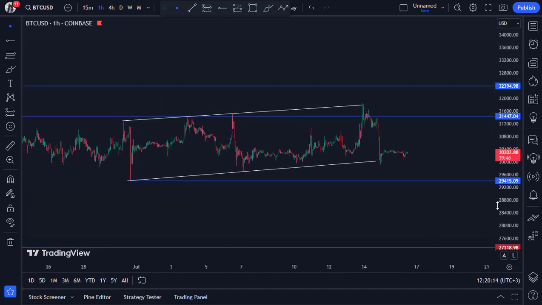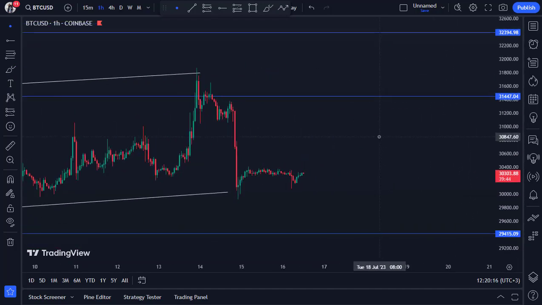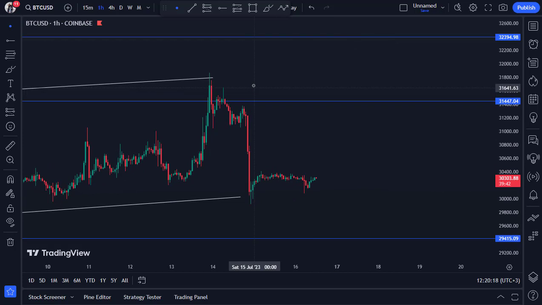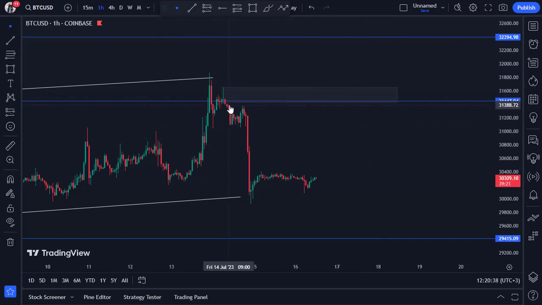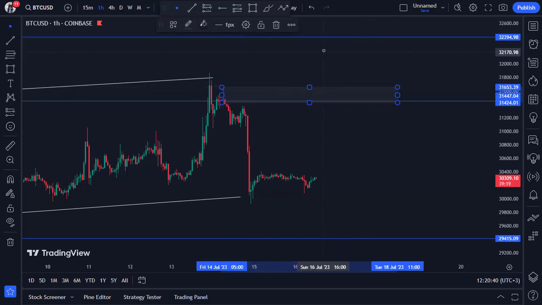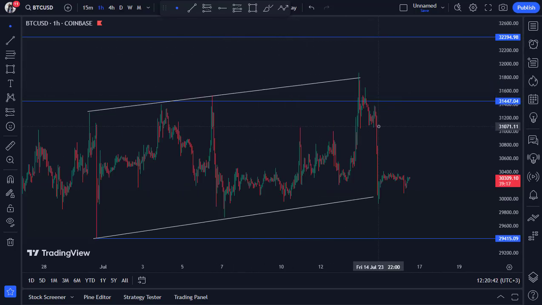Looking at the way the price has moved at the top over here, the outermost can be like this, or like, let me see, this one is a bit hard to draw. It can be like this, and then that one will give us this area as our order block. It might come back to this area, but I don't think it will, though it might come back to that area.